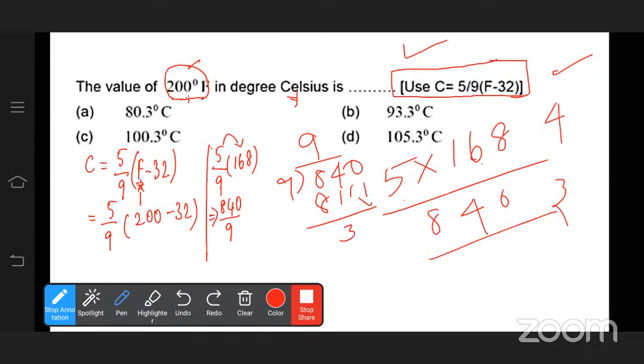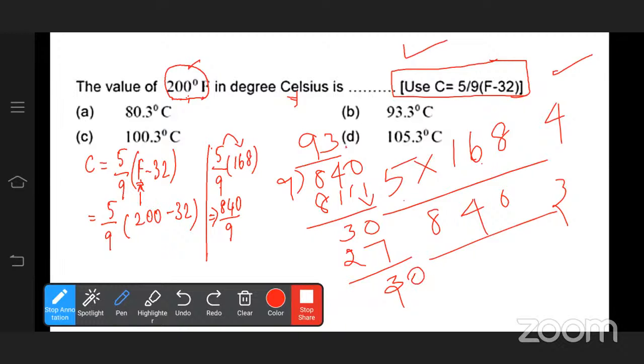3. So here 0. How many times can I get 30 or less than 30 here? 3 times, right? 3 nines are 27. So again balance 3. 30 minus 27 is 3. So I'm going to mention the point and put 0.